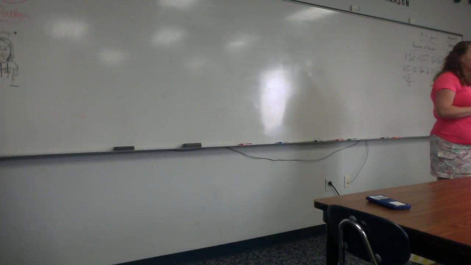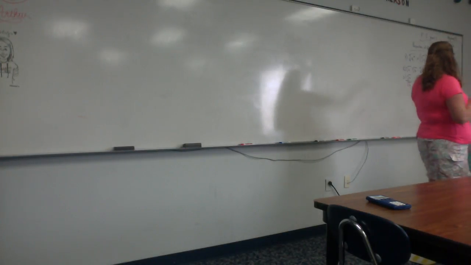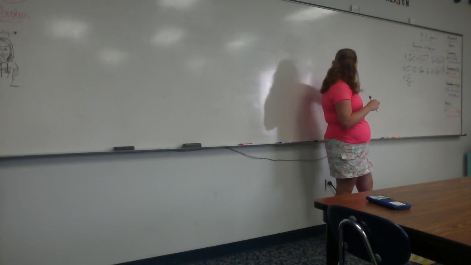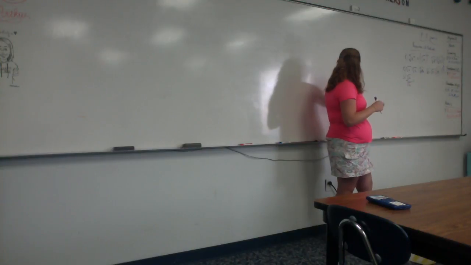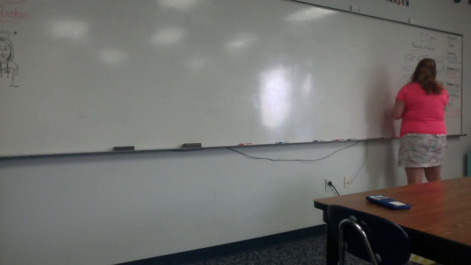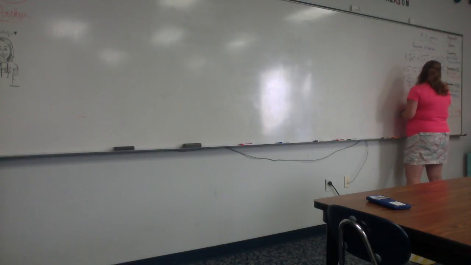If on the top one, when we were multiplying them together, we multiplied first and then took the nth root, what do you think you're going to do on this one? Divide first, yes. So I can divide a by b and then take the nth root.